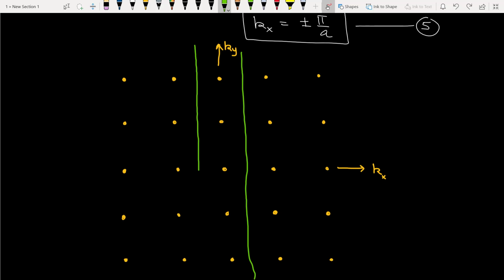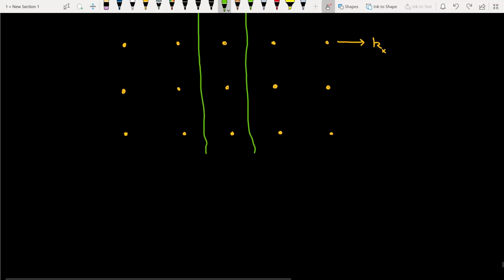In the middle. So this line will be kx is equal to plus pi by a, and this one kx is equal to minus pi by a.